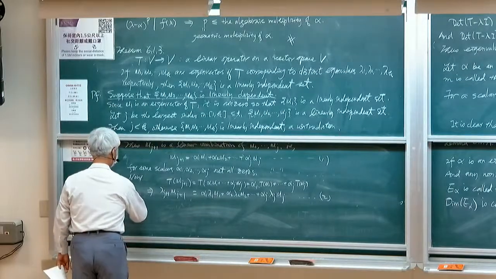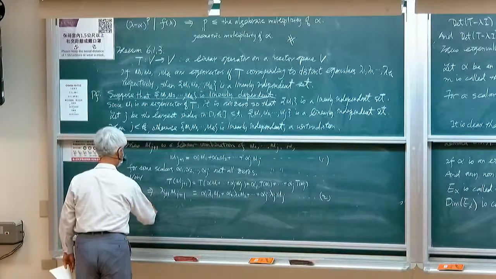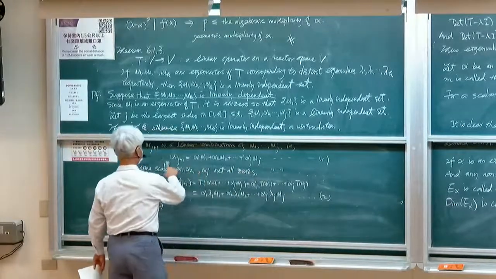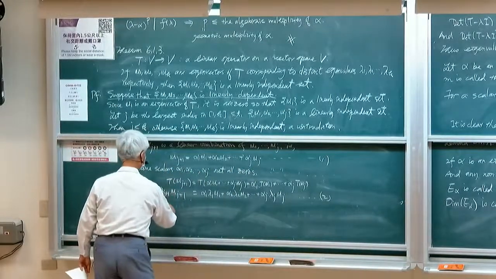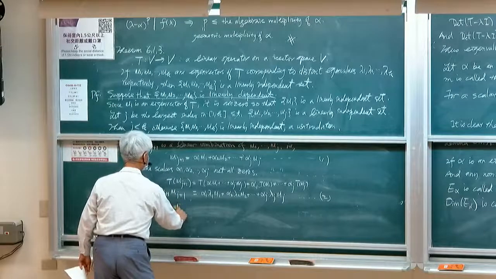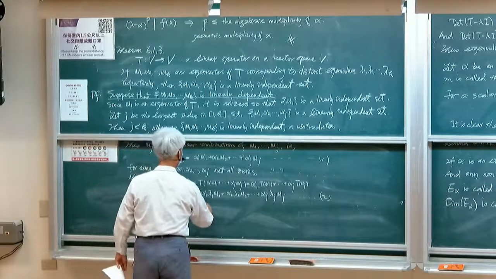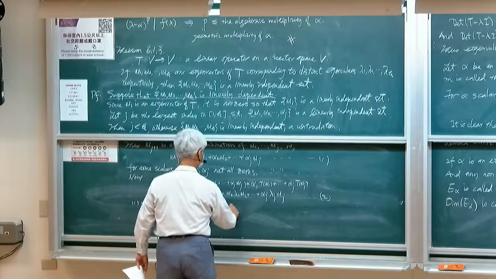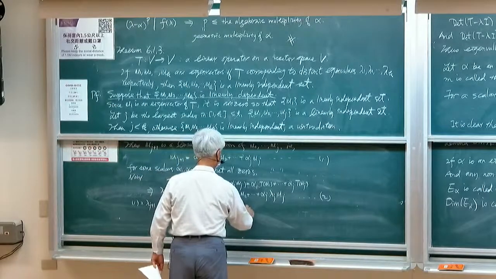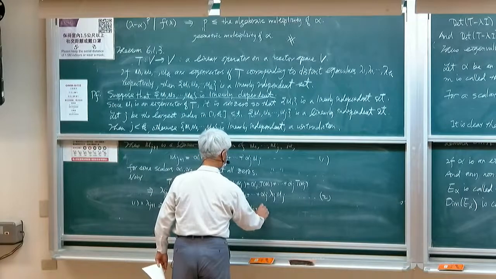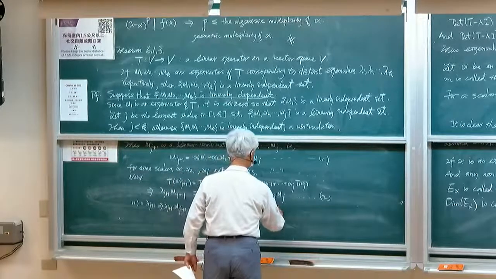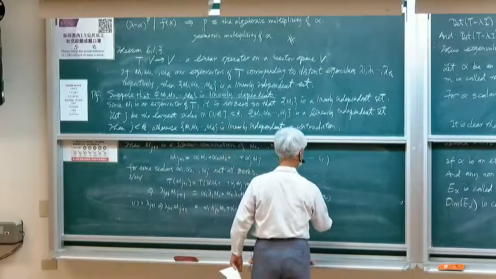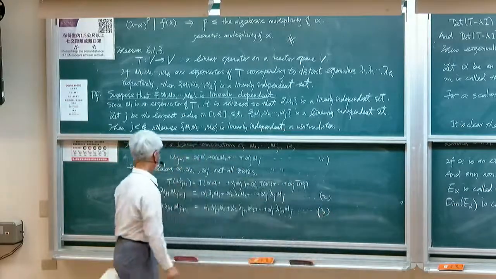Now if we multiply the first equation by lambda j plus 1, we have lambda j plus 1 uj plus 1 equal to alpha 1 lambda j plus 1 u1 plus alpha 2 lambda j plus 1 u2 plus up to alpha j lambda j plus 1 uj. This is the third equation.